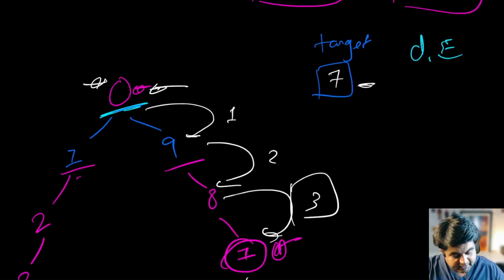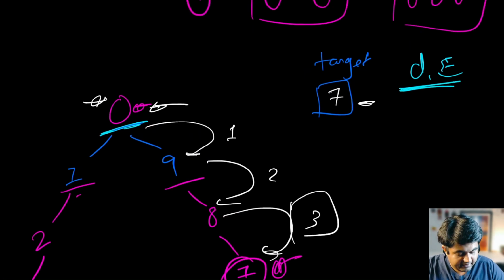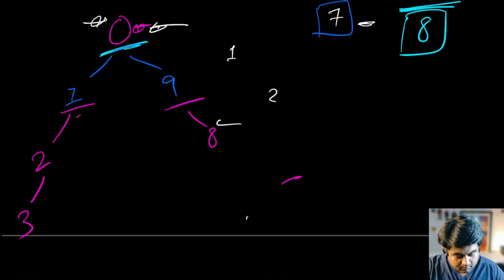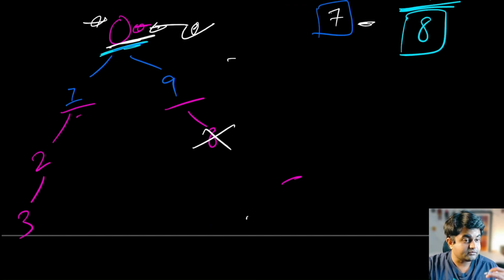Now let's presume that in this case, if we had a dead end located at position number 8, what would have happened in that case? Well, once again, we would have proceeded in the same manner, but at the 9, the moment we saw that one option is 0, which we have already seen, and another option is 8, which is a dead end, we cannot move forward with 8.